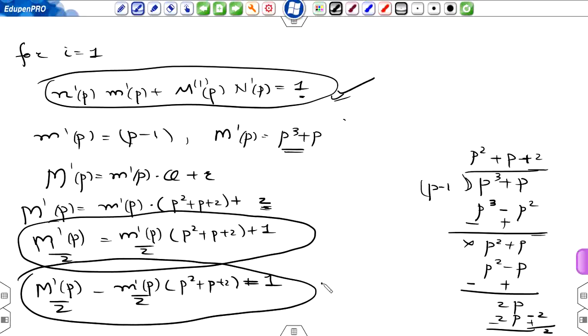So compare this to equation. So I can say that capital N1p is 1 by 2 and small n1p is minus 1 by 2, p square plus p plus 2.